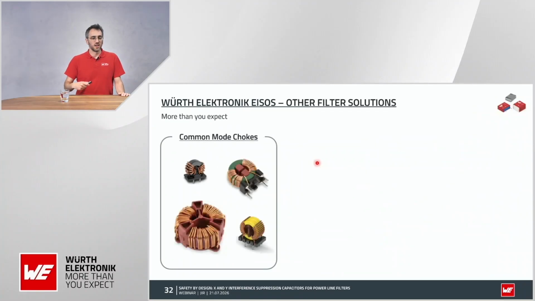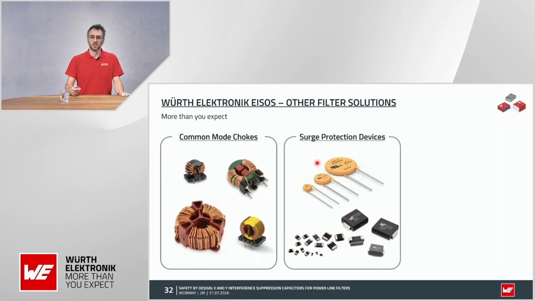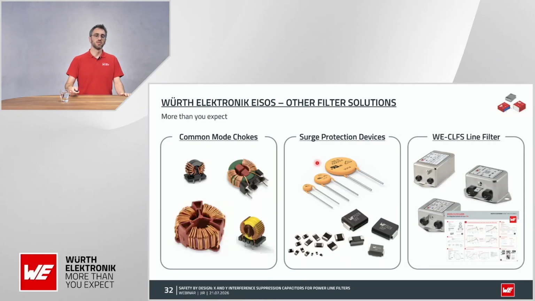As I mentioned, there are different products. We are very strong in EMC, mains filters and power applications. So we have a huge range of common mode chokes, also 3-phase. We also have varistors and other surge protection products that can be connected to the mains. And we have full filters, which are already encapsulated.